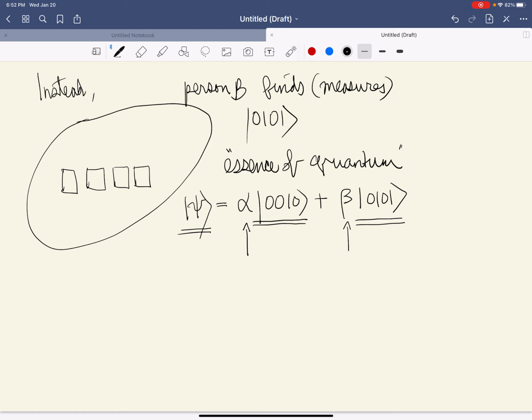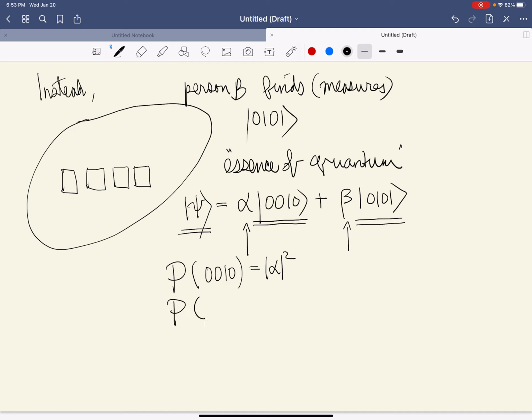Okay, and the fundamental rule of quantum mechanics is that if you do a measurement on such a superposition of a quantum state, then the probability of your measurement finding the 0010 sequence of bits is given by the square of the amplitude of this number alpha.